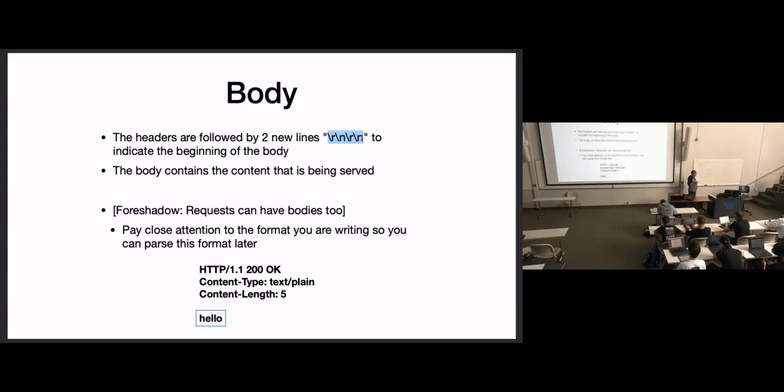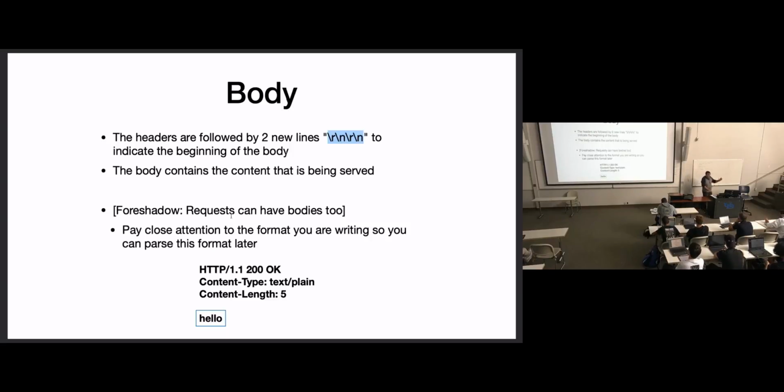So when we start parsing, in a little foreshadowing, the requests that we get from browsers are going to start having bodies, content lengths, and content types. When you're parsing those requests, one of the first things you want to do is look for that /r/n/r/n. You know that sequence is right in between the headers and the body.